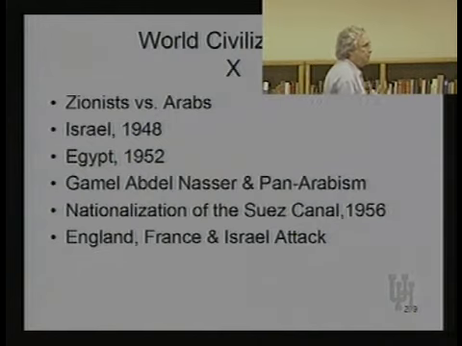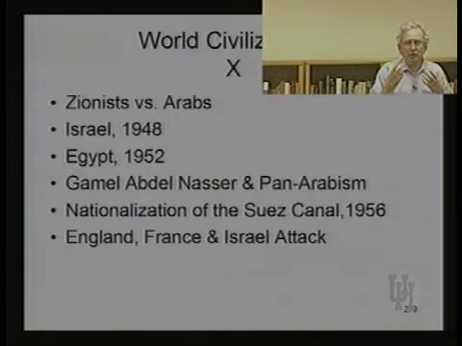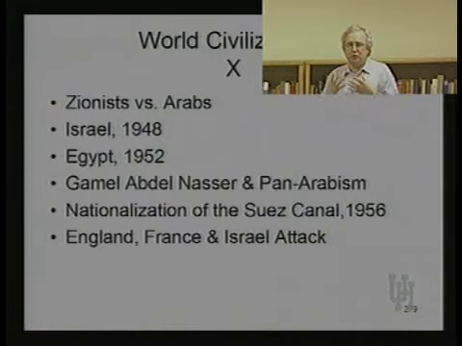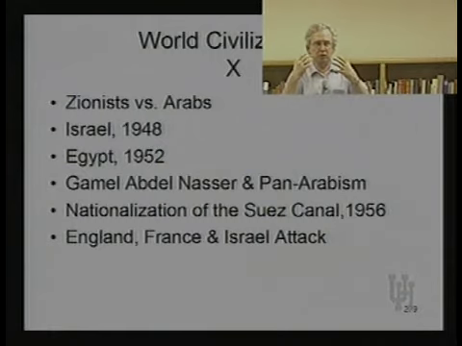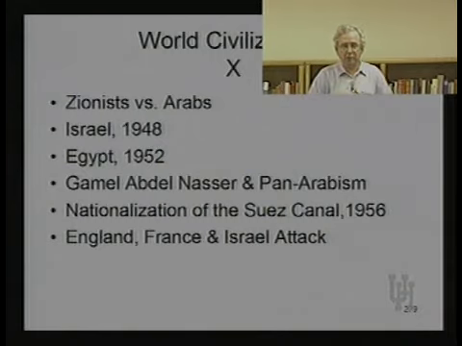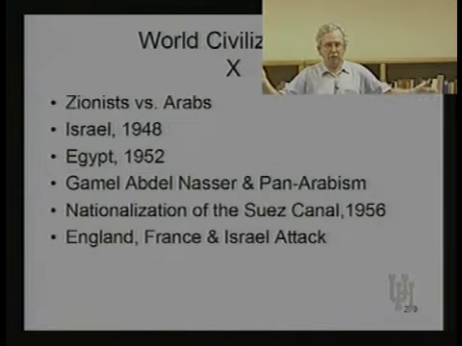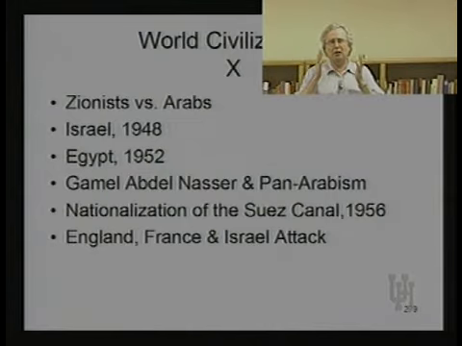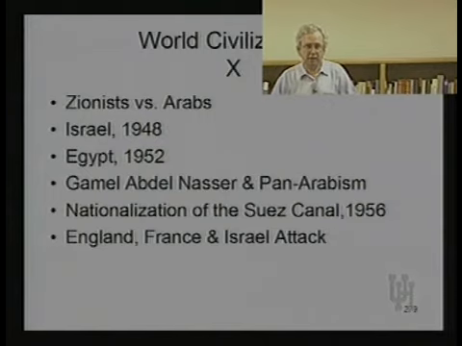But nevertheless, here was a new example of a nationalist, someone who was concerned with the creation of a powerful nation state, of resisting foreign domination, but who was only marginally concerned with the role of Islam within his society.